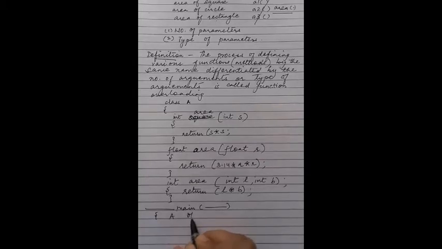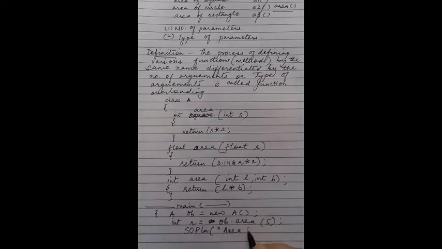I am declaring an object first. Int r equals ob dot area 5. System.out.println area of square equals r.